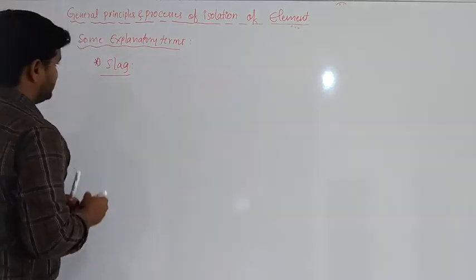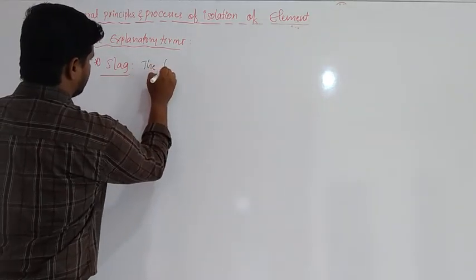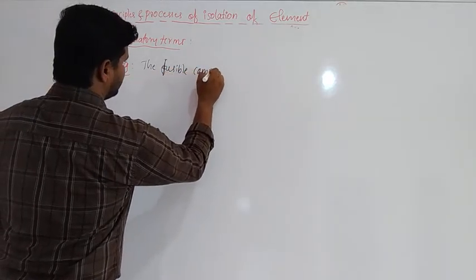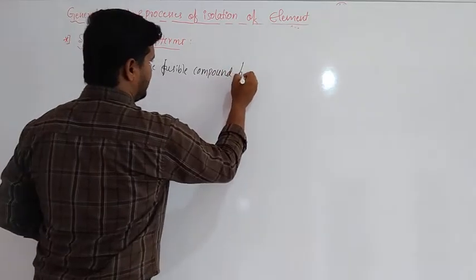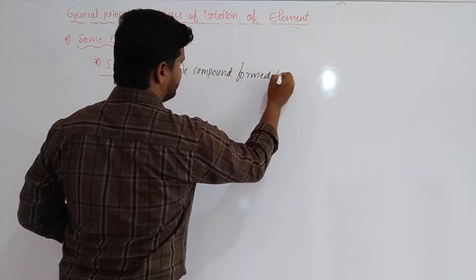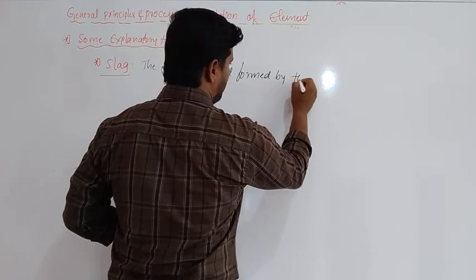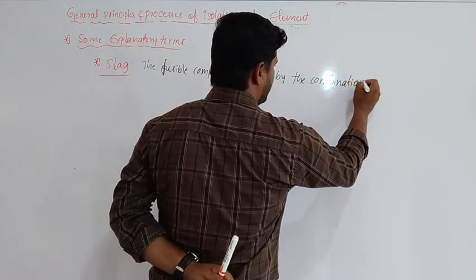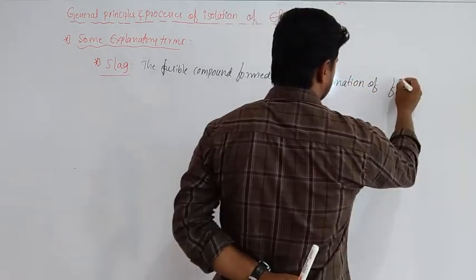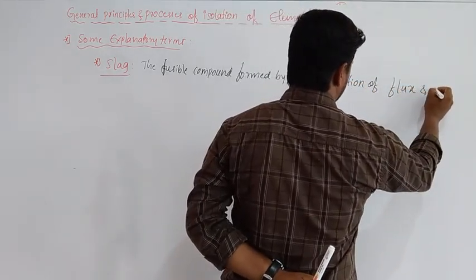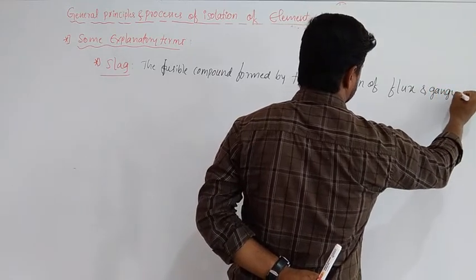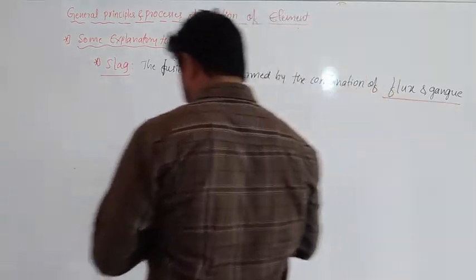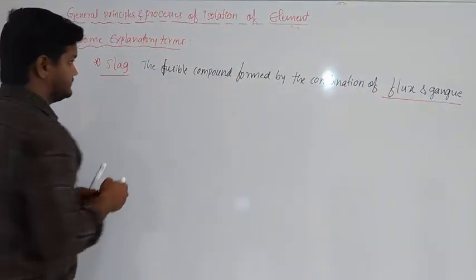Slag. The fusible compound formed by the combination of flux and gangue is called a slag.